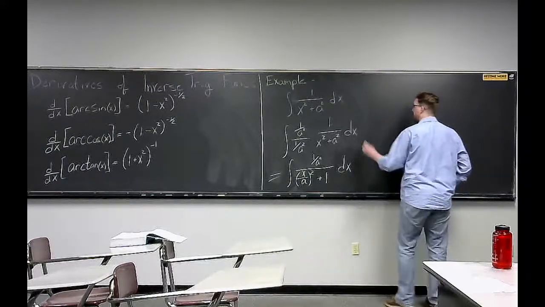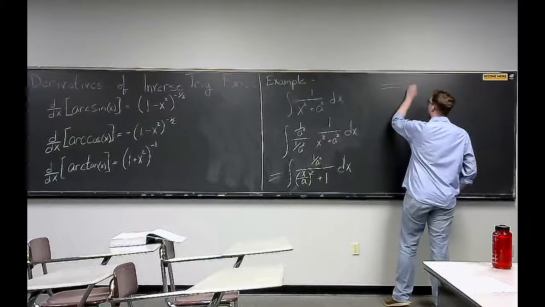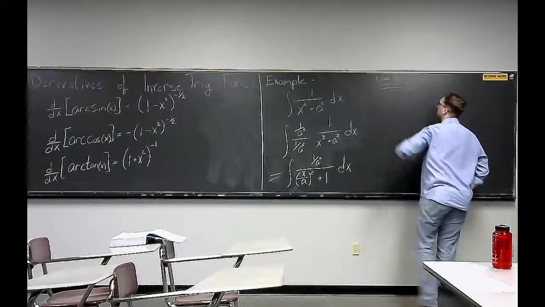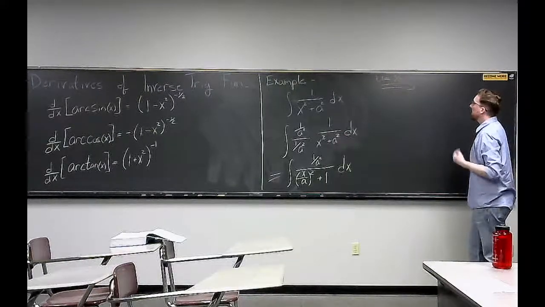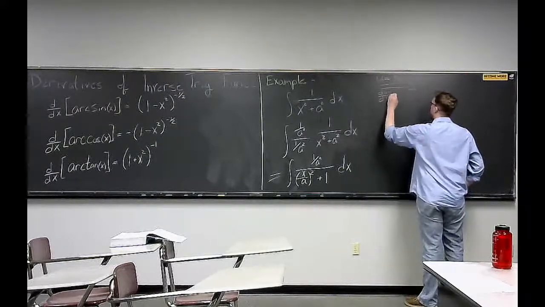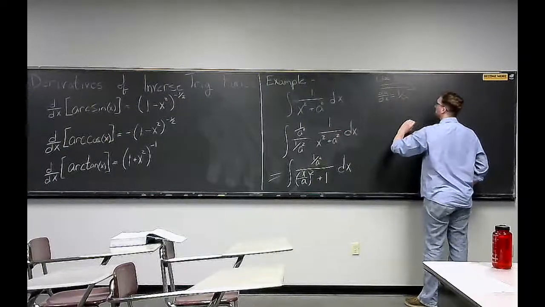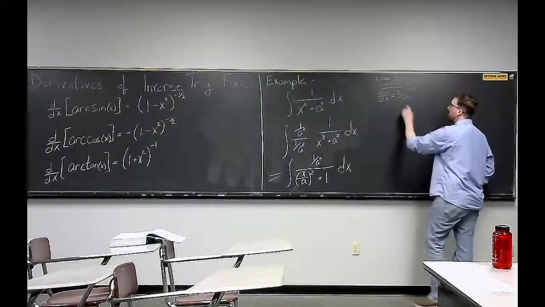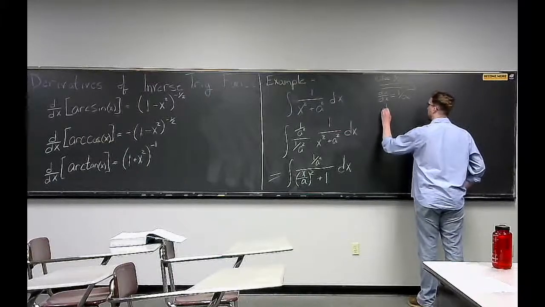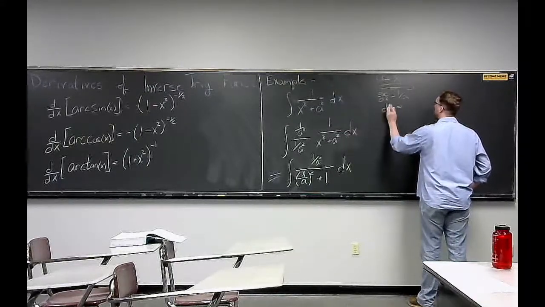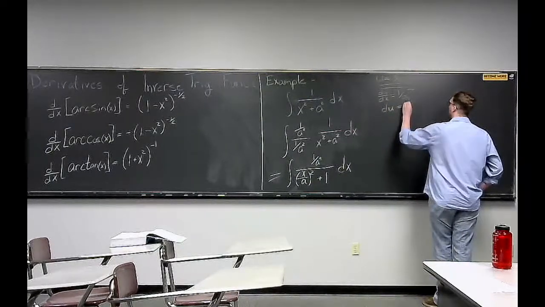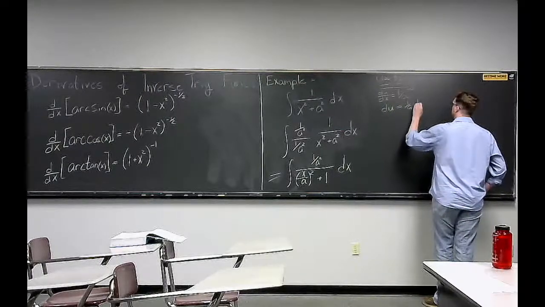I think if I were to set u equal to x over a, then necessarily du/dx is going to be equal to 1 over a, meaning that du, my mistake, du is equal to 1 over a dx.